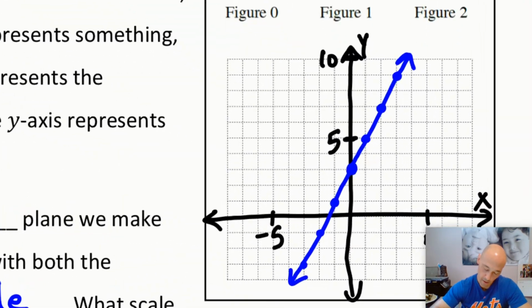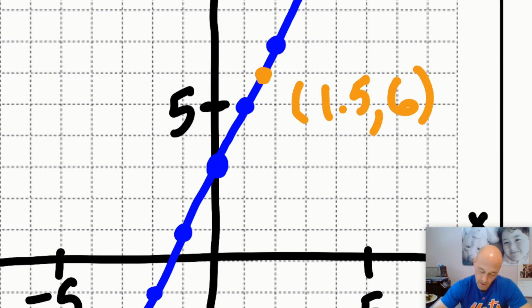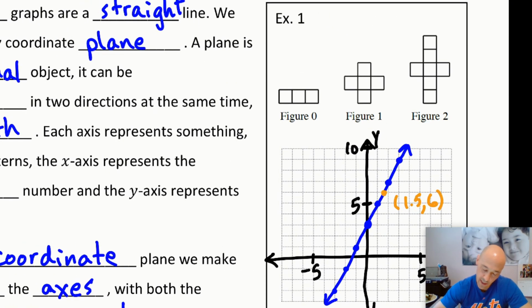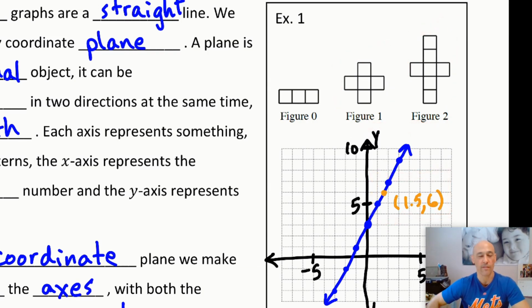If we look up here, there's this point right here, and that point is 1.5, that's the x value, 6, that's the y value. So this would say figure number 1.5 would have 6 tiles. And we could see that since figure 1 has 5, and figure 2 has 7, figure 1.5 would have 6 tiles, but there's no figure 1.5.